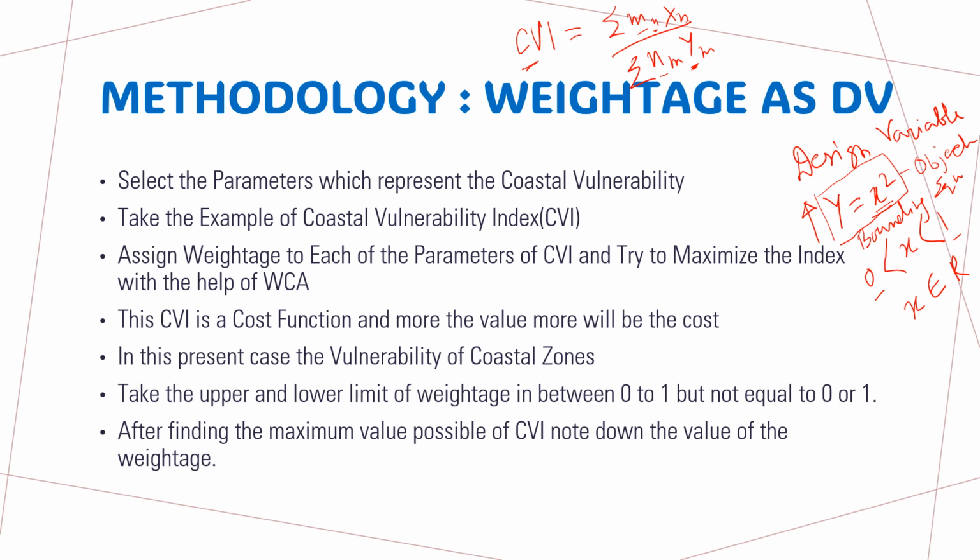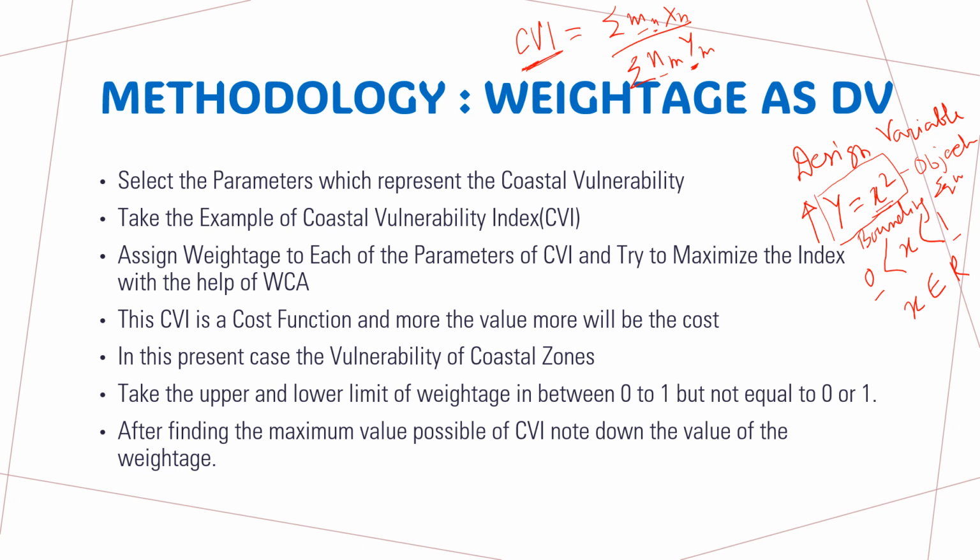Total number of variables which increase coastal vulnerability is n, and total number of variables which decrease coastal vulnerability is m. Okay, so this is just an example. You can go to the literature of coastal vulnerability index, and you can find what are the variables that were put into the numerator.